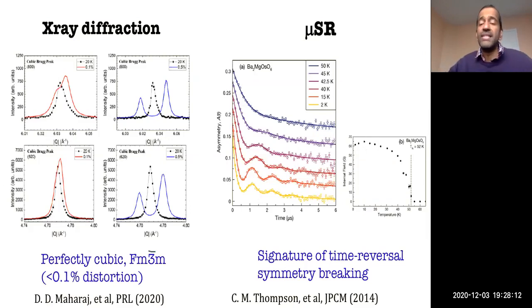If we look at the strength of this internal field, it's on the scale of 50, 60 gauss, and it turns out to be an extremely small moment, on the scale of about a 20th of a Bohr magneton. Whereas the J equal to 2 magnetic moment that you would have thought of is quite sizable, on the scale of 1 Bohr magneton. So this is at least a factor of 20 smaller.